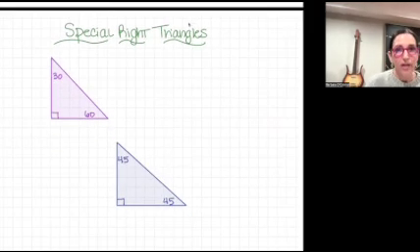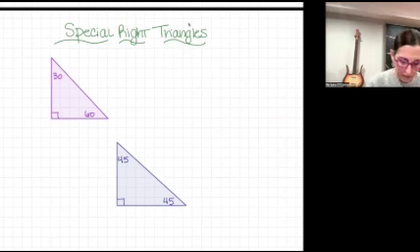In this triangle, everything is based on the side opposite the 30-degree angle. So this side opposite 30 is your main man. If you know him, you can do anything else. So let's call the side opposite 30 x.